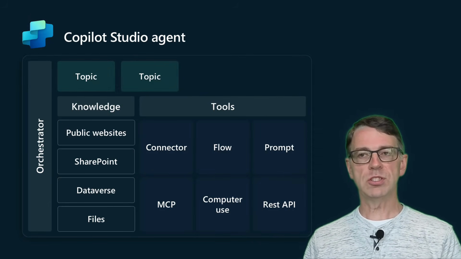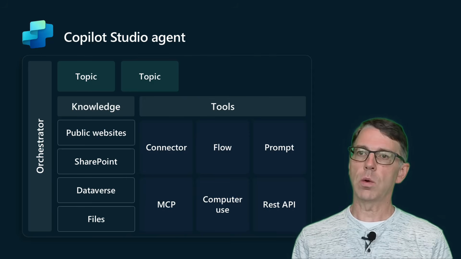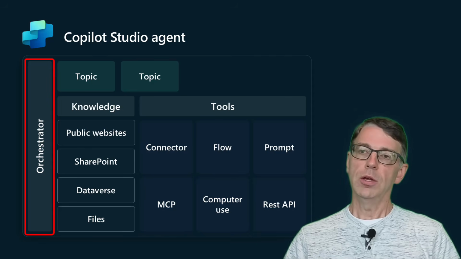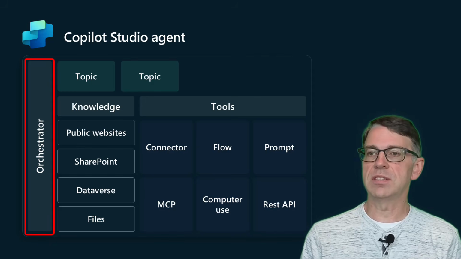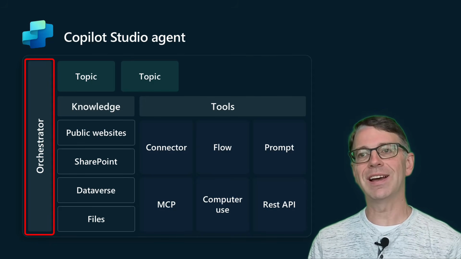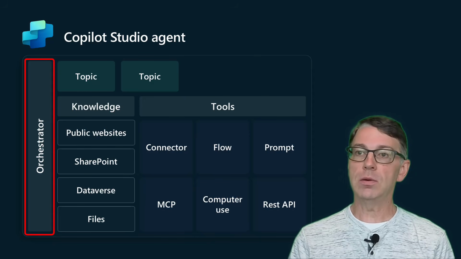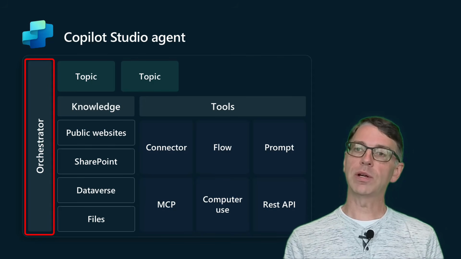So if we first start off with just understanding the orchestrator and the way the orchestrator works inside of Copilot Studio, you basically have a tool that's going to go in and understand the concept of what the user is saying. And based upon what the user said, it will create a plan.